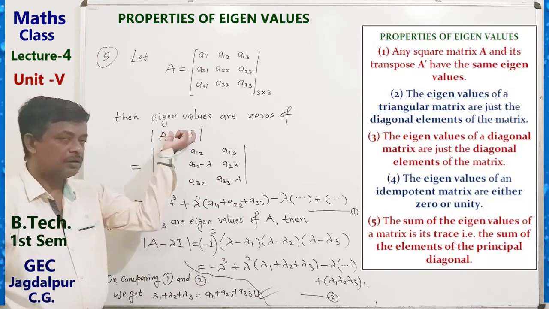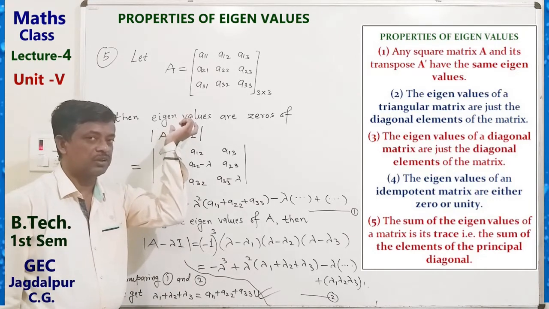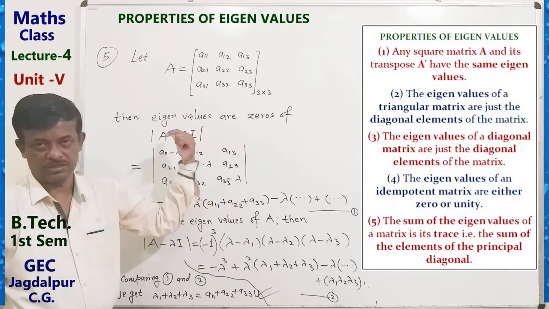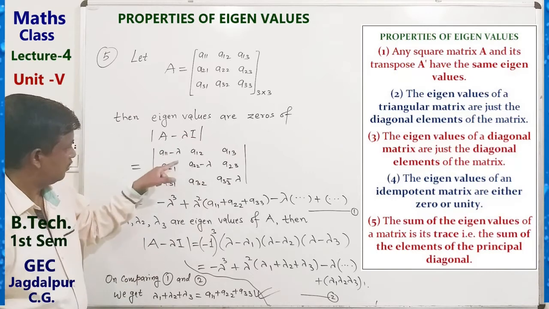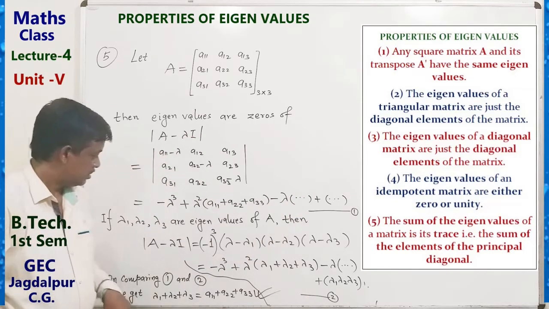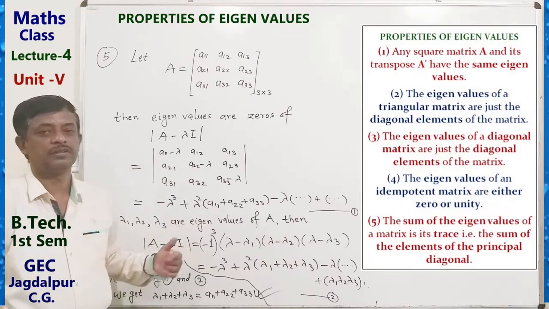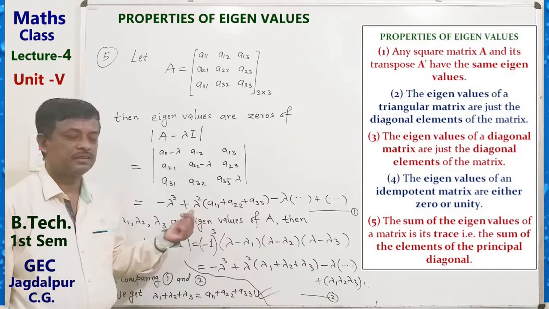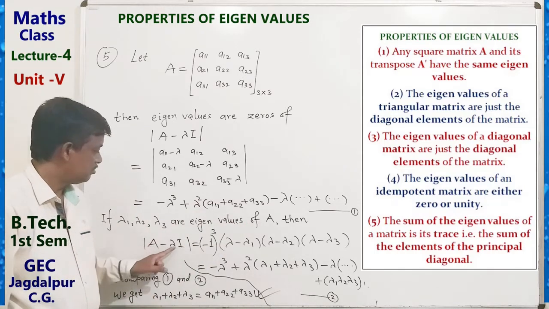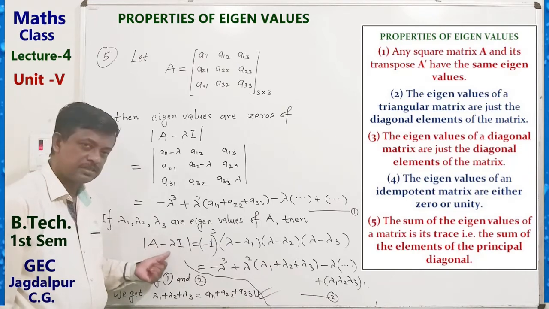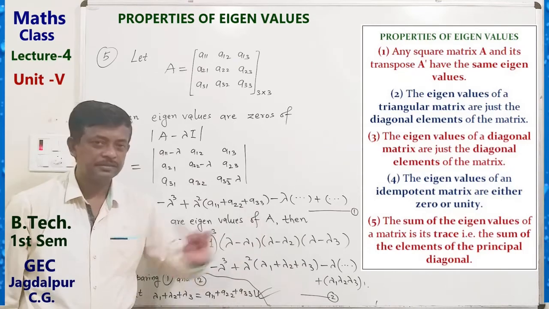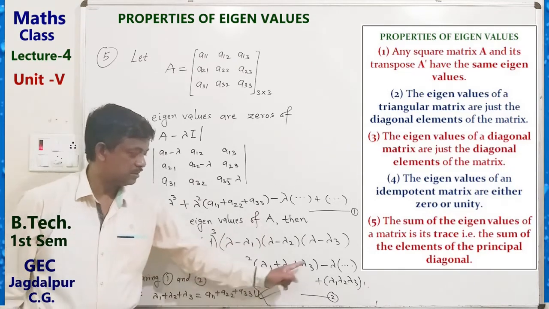Because this characteristic polynomial is 0, eigenvalues are zeros of this. It can be expressed like this. And if lambda 1, lambda 2, lambda 3 are the zeros of this, the eigenvalues of A, then this polynomial can also be expressed like this.